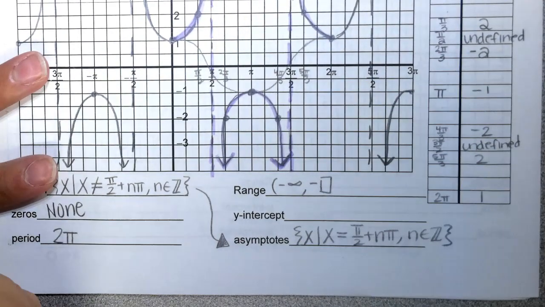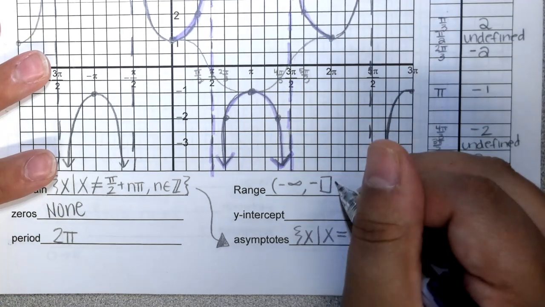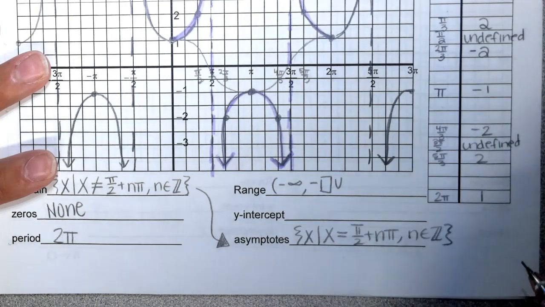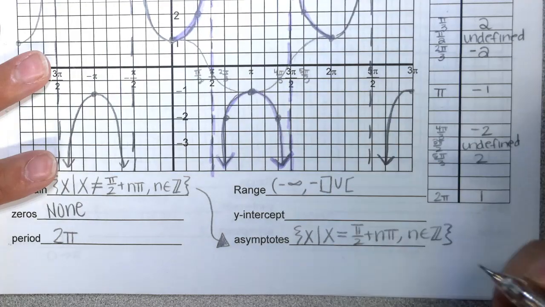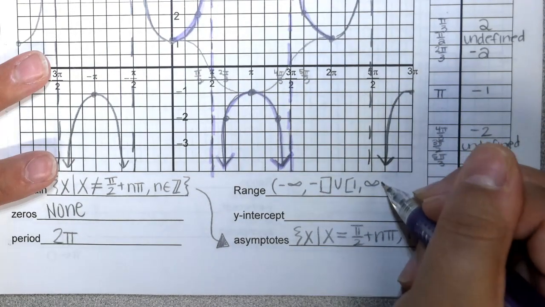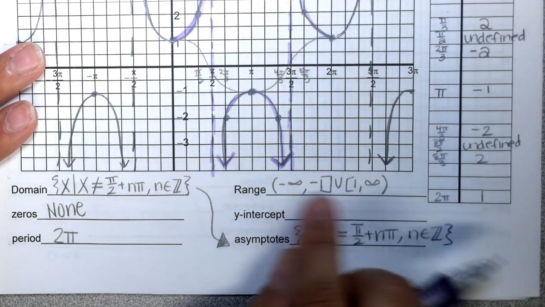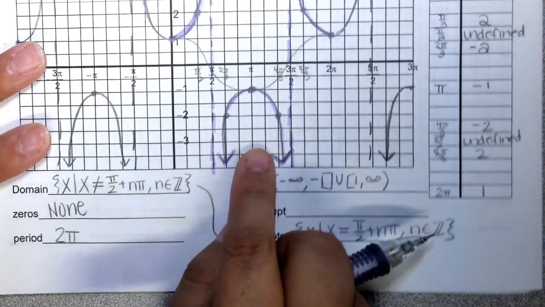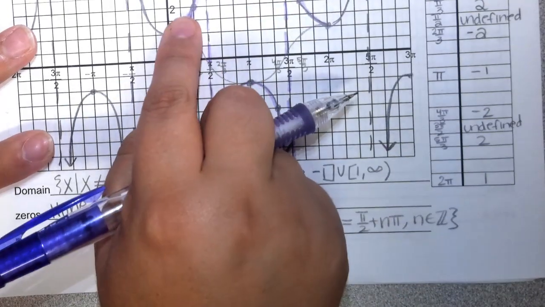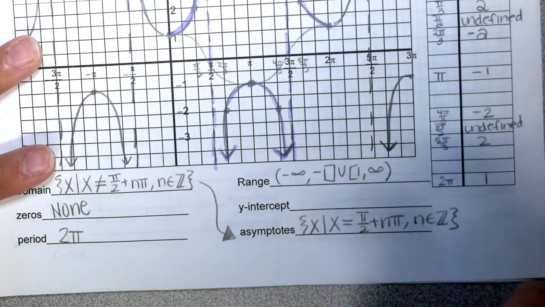Bracket. And then it does what? Union. Jumps to 1, and then it goes to... Does everybody in here understand how I got that range? Negative infinity to -1, stops, it jumps, 1 to positive infinity. And then what's the y-intercept?